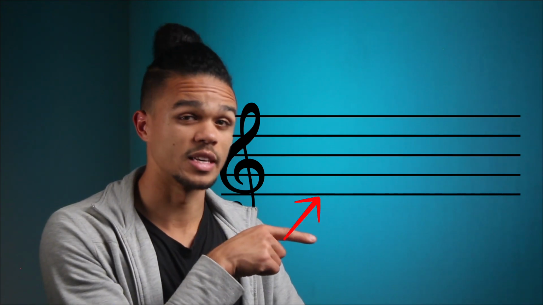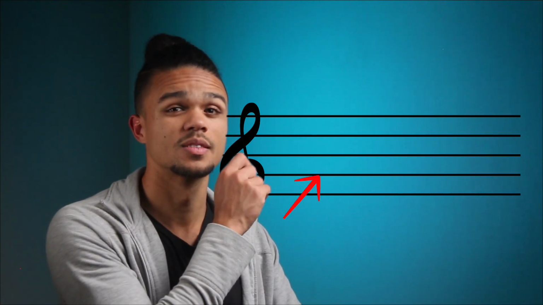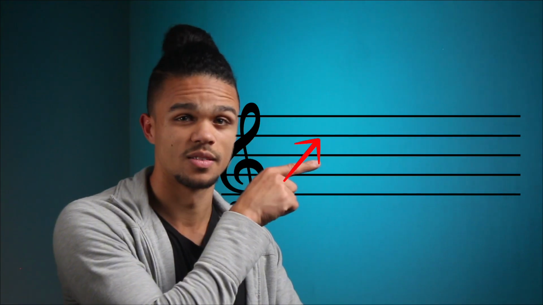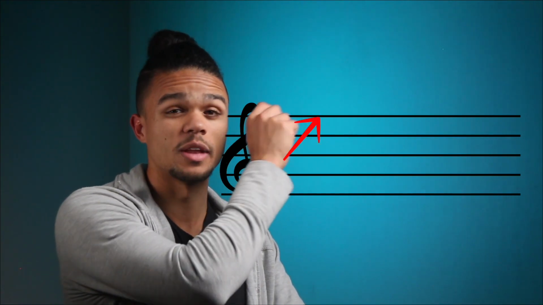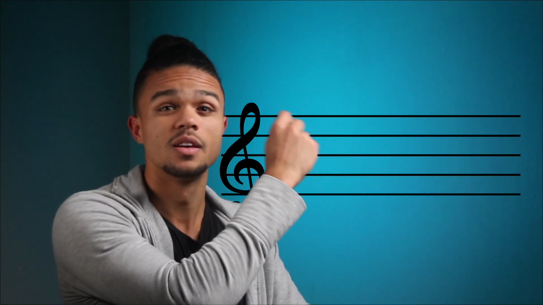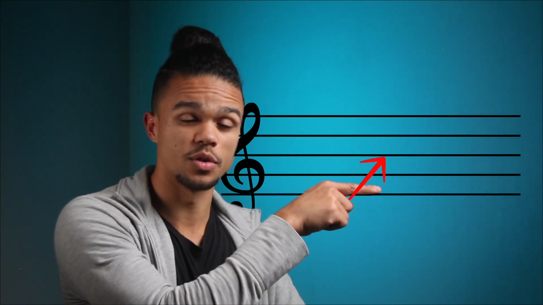Line number 1, keep going. All right, now from line number 5, let's take it down. Line number 5, line number 4, line number 3, line number 2, line number 1. As long as you remember that the bottom line is line number 1 and the top line is line number 5, you're going to be good.